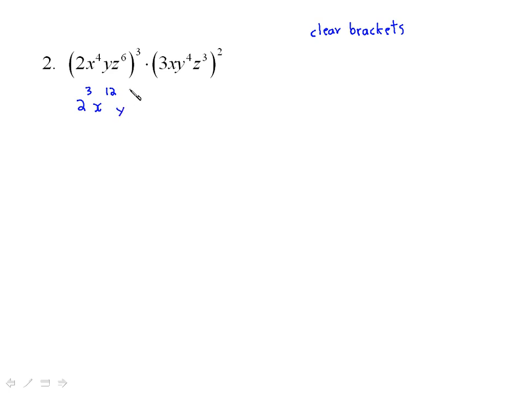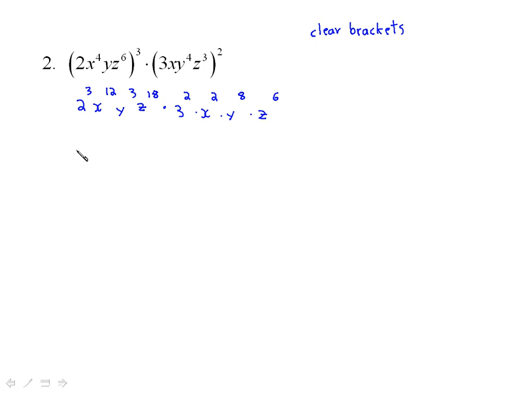Then y to the 3, z to the 18, then multiplied by 3 to the 2 times x to the 2 times y to the 8, 4 times 2 is 8, times z to the 3 times 2 is 6.